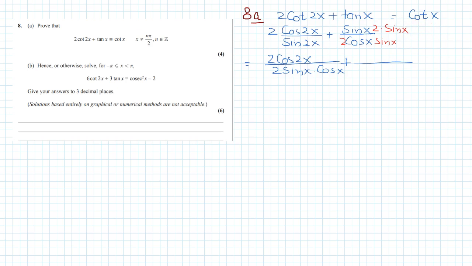Now I can write it as 2 sin x cos x, and this will be 2 sin square x.